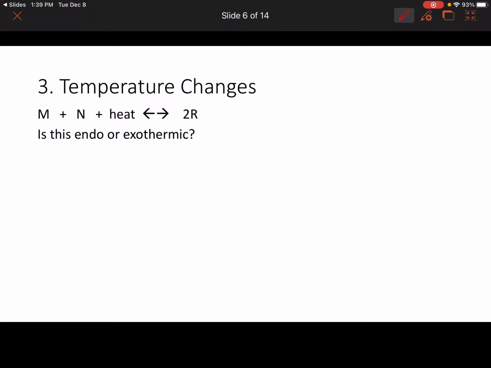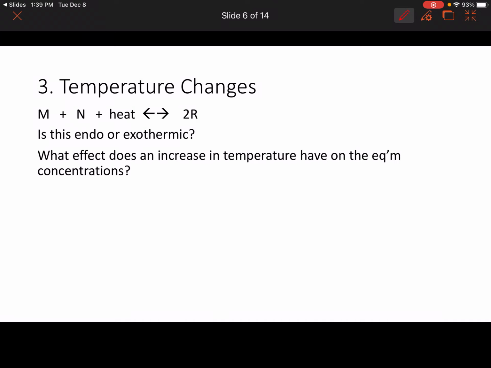The reverse reaction is exothermic, okay? So they're opposite to each other. What effect does an increase in temperature have on the equilibrium concentrations? That means heat is going to increase, so you've got lots of heat here. What happens to the concentrations of M, N, and R?